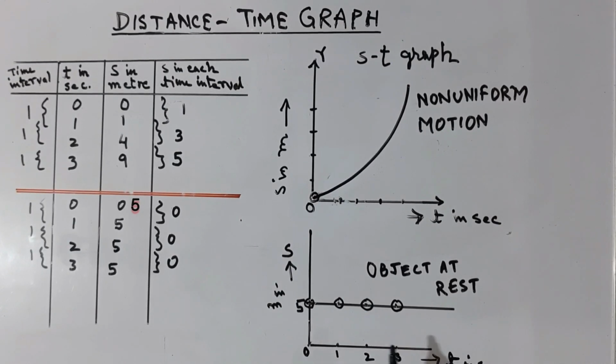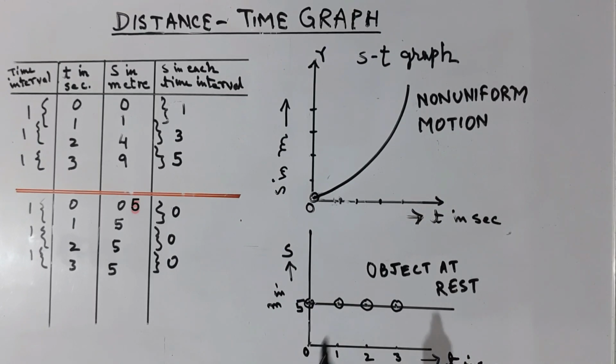But we can say that it is an object at rest because we are not very specific here. The object is at rest. It is not moving at all because its speed is 0, or it remains at the same place from where we started measuring the time.